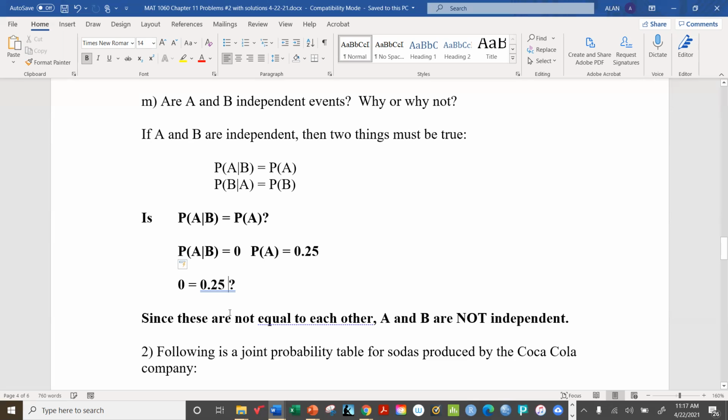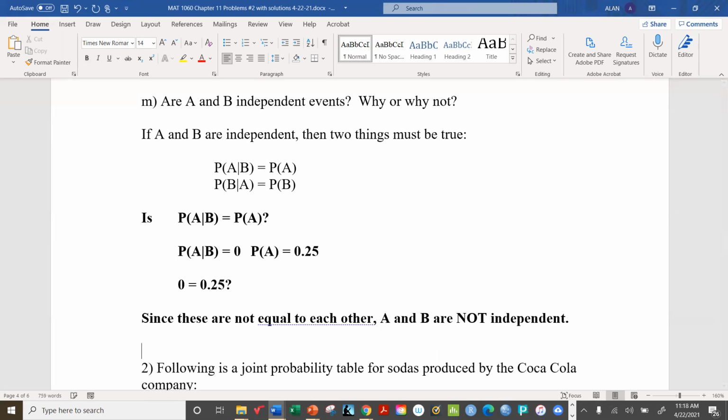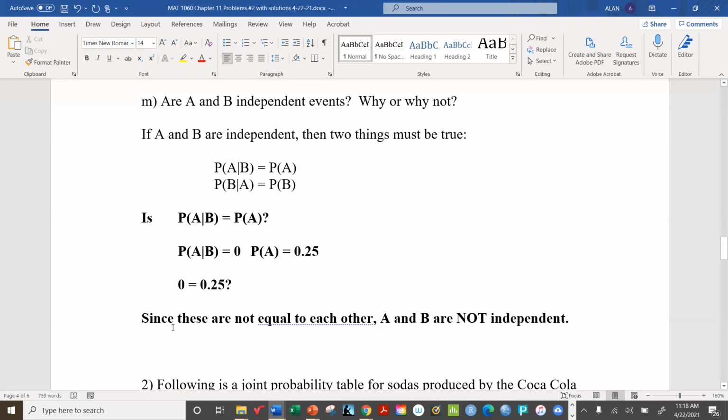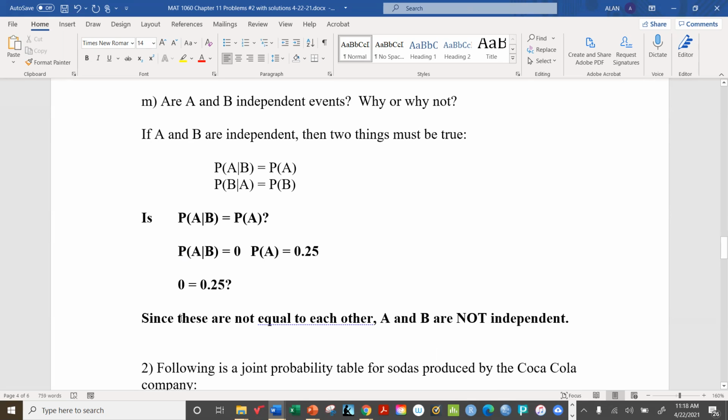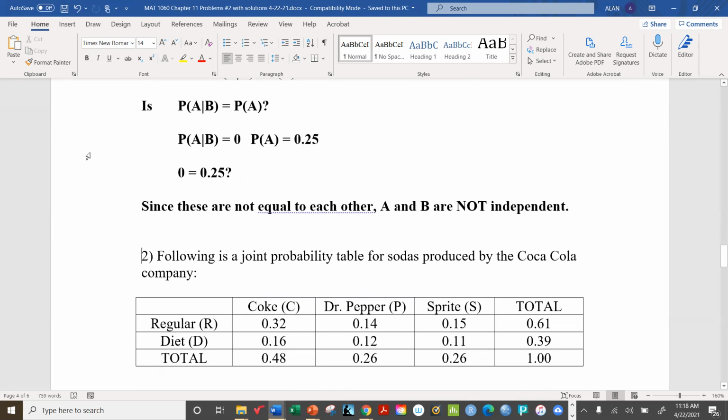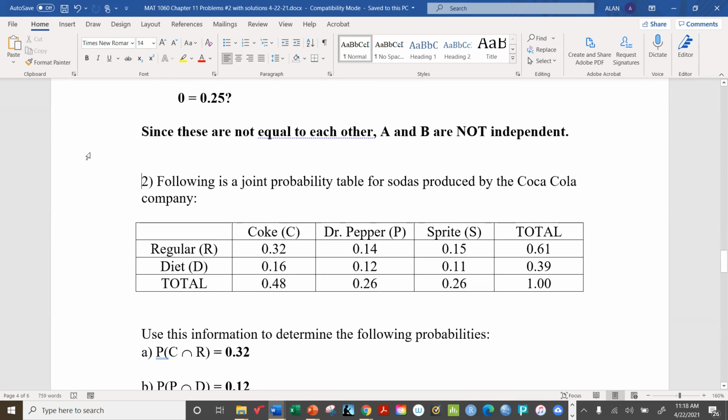All right, very good. Now we're ready for another joint probability table. Except this time, instead of coffees, we're looking at sodas. So what's different this time? Look at this.